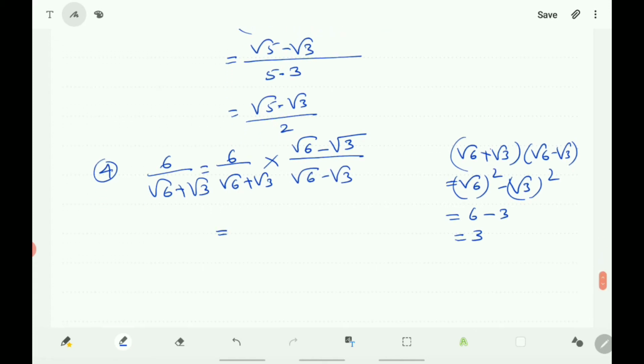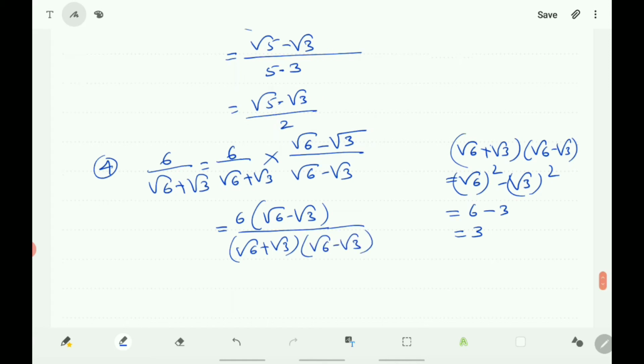Then it is 6 into root 6 minus root 3, divided by root 6 plus root 3 in one bracket, and in the other bracket root 6 minus root 3.